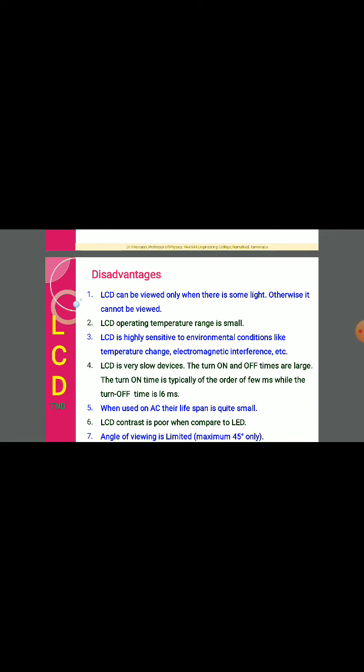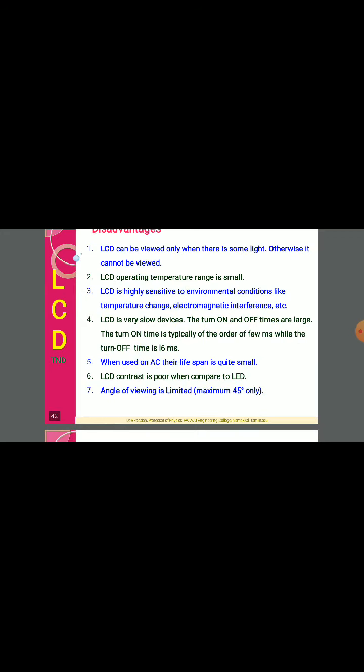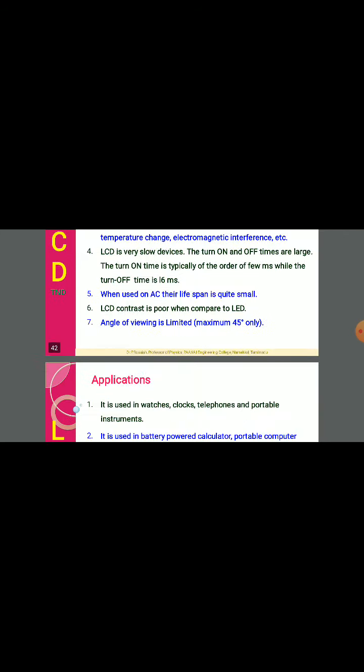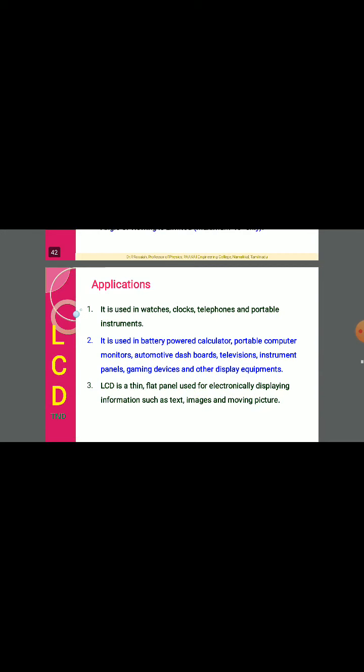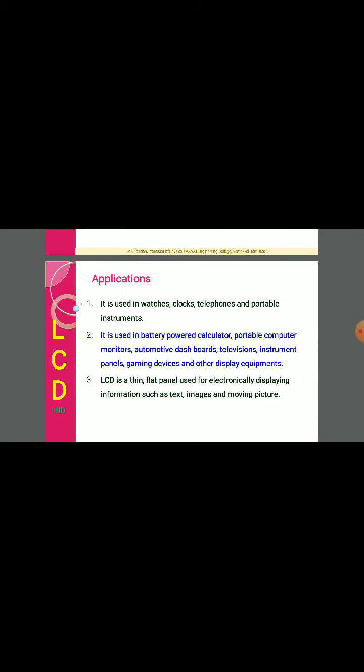LCD is highly sensitive to environmental conditions like temperature change and electromagnetic interference. LCD is a very slow device because its turn-on and turn-off time is large. There are many such disadvantages. There are many applications, used in watches, clocks, telephones.